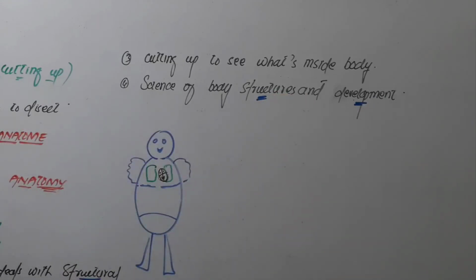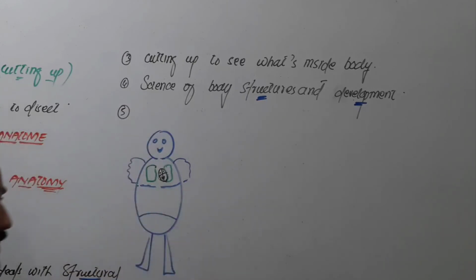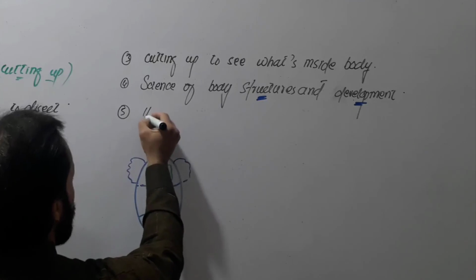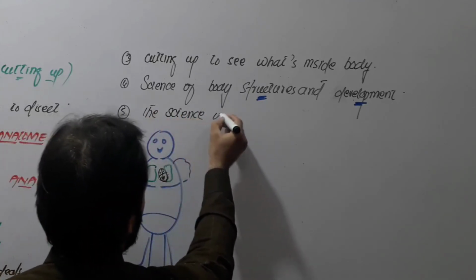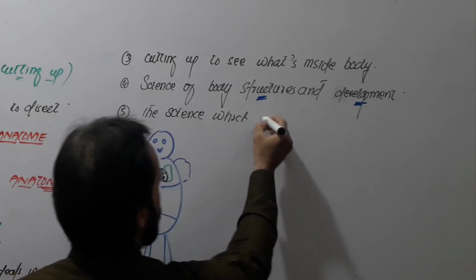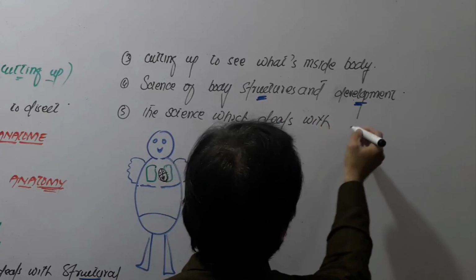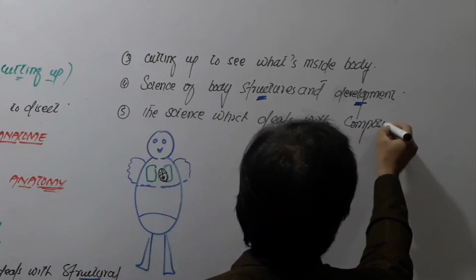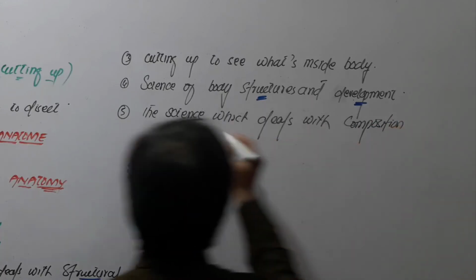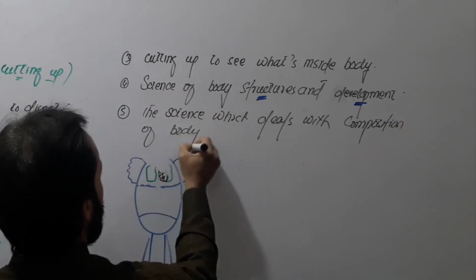Clear, friends? Okay, the next about anatomy, we can say that anatomy is the science which deals with composition of body parts.